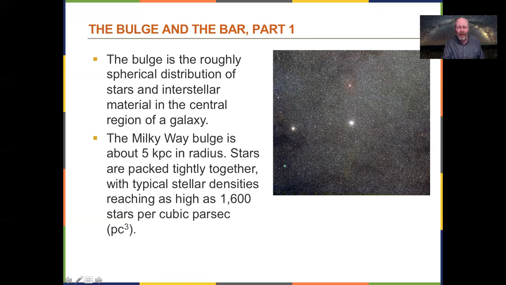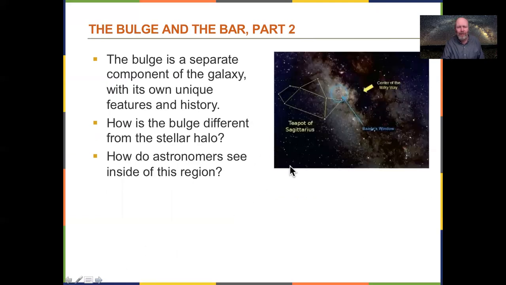We do call them rogue planets when they're out there on their own. We also have a lot of gas and dust that's held in there. And the bulge itself is sort of separate from the rest of the galaxy. It is its own thing along the way. So the bulge has its own gas and dust. It is forming stars. That's one of the things that's different from the halo.